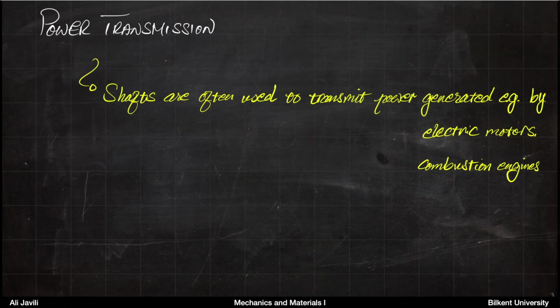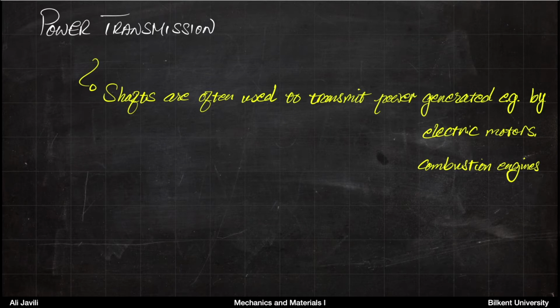Before I talk about that, I should mention that usually the torsion problem is important and useful when we have power transmissions and we want to design shafts. For power transmission, usually you have a motor and then you transmit the power from the motor to gears using a shaft, and then we need this torsion problem to design the shaft properly.